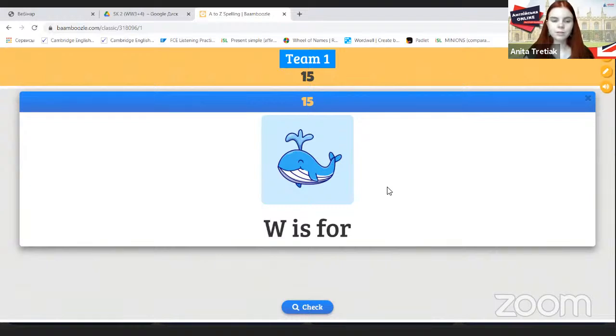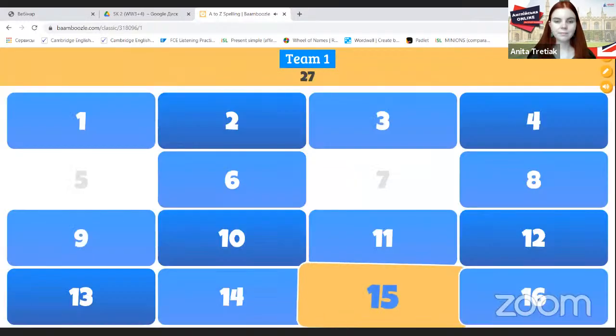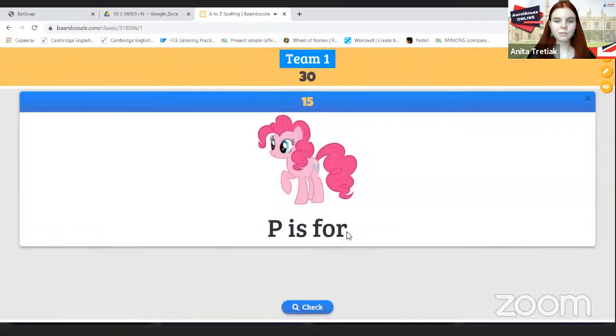Do you know this word? So W is for whale. That's true. Nice. Okay, the next one.